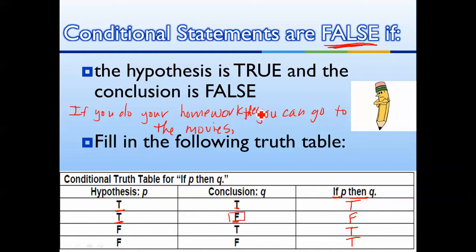Let's put a then in there so that it's a true conditional statement. Alright, so say you do your homework is true. So this is homework. And this would be movies. So you do your homework and I let you go to the movies. Then I've told you a true statement. Say you do your homework and I say, nope, you can't go to the movies. Then I've lied to you. So that's where we get our false statement.